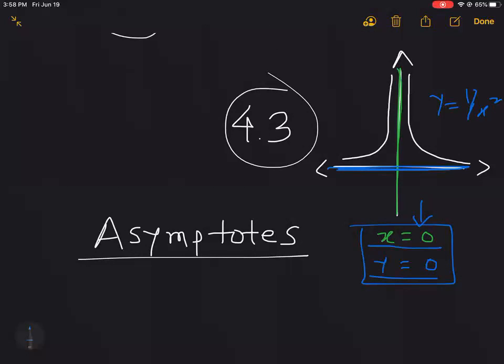No, that doesn't matter. It doesn't need to stay above 0 because for the last problem, I guess it was 1 over x squared minus 2, the last problem we saw yesterday, the asymptote was actually here. The graph looked like this. So it can stay below 0 as well.